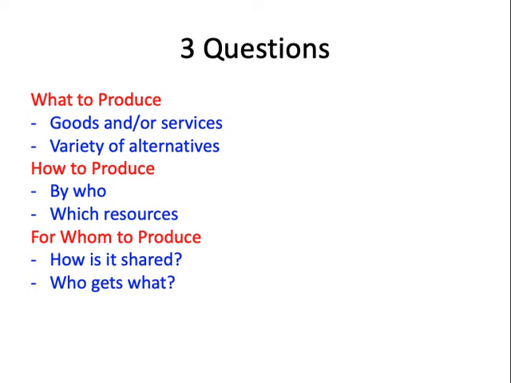So we have to figure out the answers to those questions. And ultimately, the for whom to produce question will often take us to questions of equality and equity. And so understanding our productive resources, understanding our economies, helps us understand how to answer what to produce, how to produce, and ultimately for whom to produce.